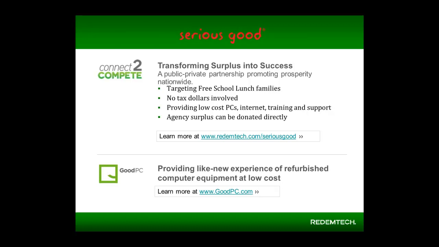It comes equipped with new Microsoft Office or Home Office and a Word package, so these are machines that are known to be working. They come with tech support. They come with, in the case of the Connect to Compete program, digital literacy training. And at the end, we, Redemtech, take them back so that we know that they'll be processed appropriately at their end of life.